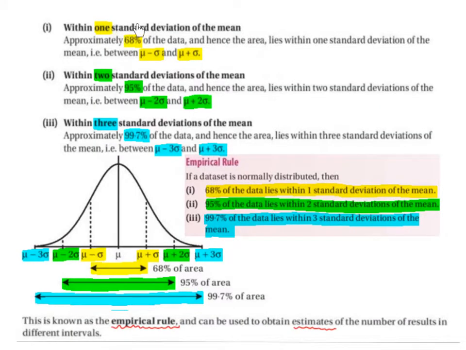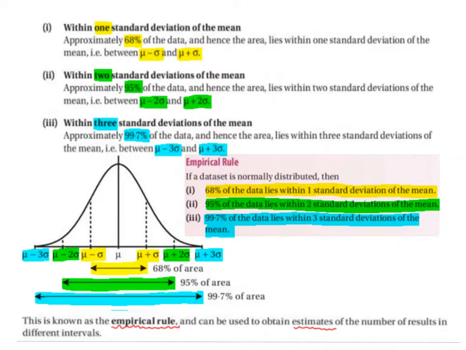Within 1 standard deviation of the mean, approximately 68% of the data, and hence the area, lies within 1 standard deviation of the mean, i.e. between the mean minus the standard deviation and the mean plus the standard deviation.